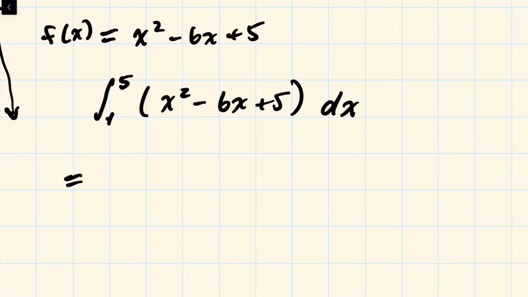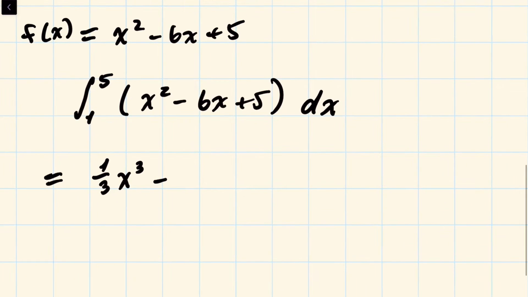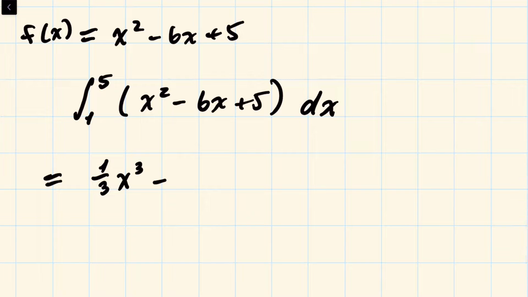So for this one in particular, it would be 1 over 3 x cubed, using that little trick we found earlier. And I'll show you more later. A third of x cubed minus 6 over 2 x squared, but that's just 3x squared.